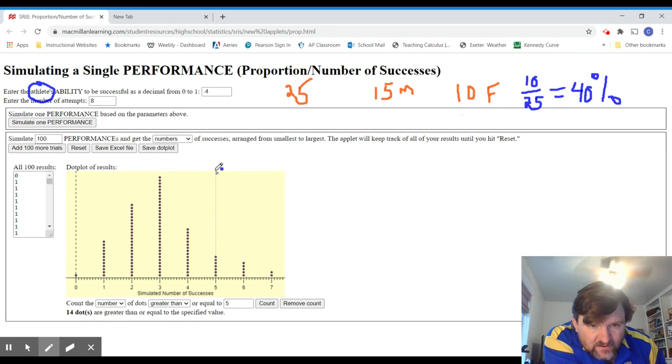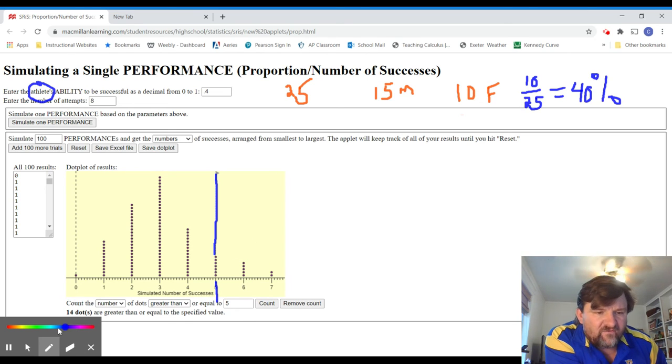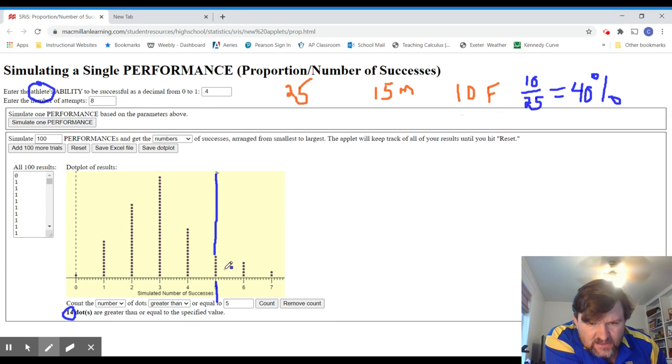If we look here, here's 5 pilots. That means there are 14 dots greater than or equal to 5.